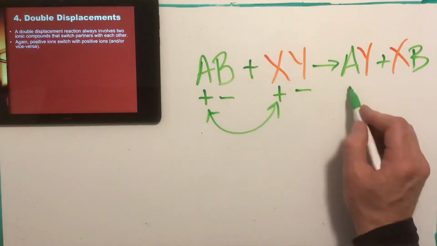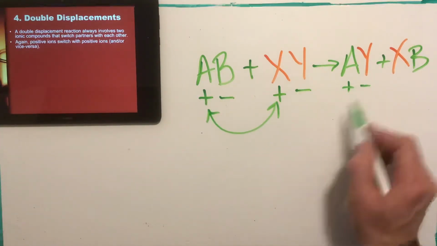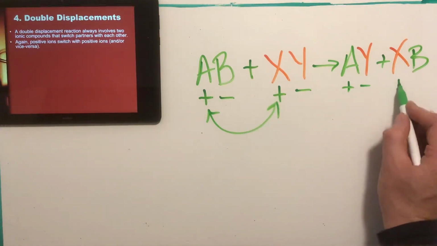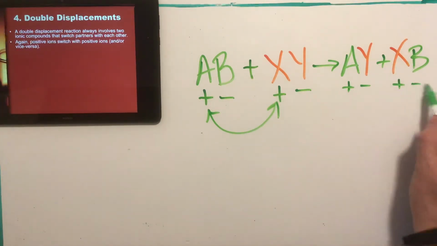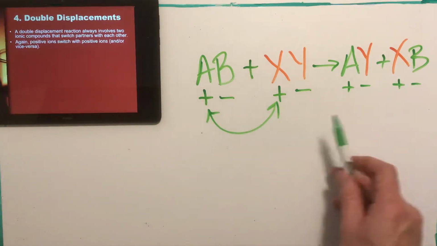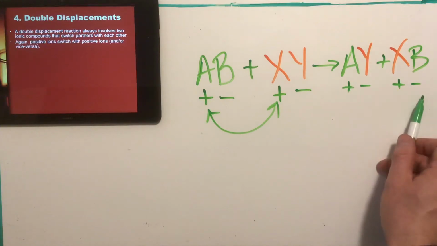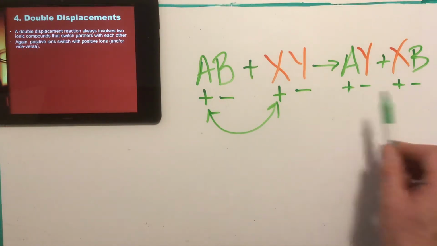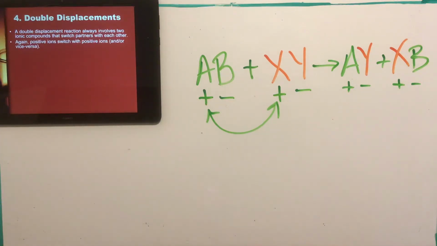So A would come over with Y. A is positive, Y as we can see is negative. And then X and B go together, and the positive ion always goes first, so X and B. So we end up with positive, negative, positive, negative. They switch partners, and we still end up with positive, negative, positive, negative. We don't end up with the two positives and the two negatives together. It's always positive and negative, because that's the force of attraction in ionic compounds. So that relates back to our title there.